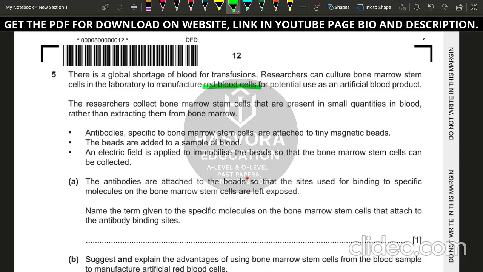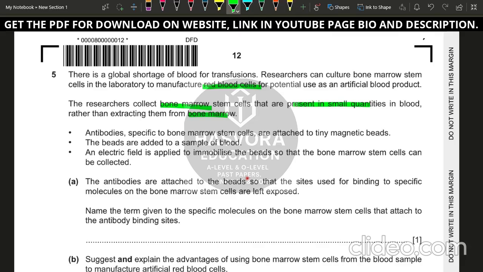The researchers collect bone marrow stem cells that are present in small quantities in blood rather than extracting them from bone marrow. So they are using the stem cells already present in the blood, rather than extracting them from the bone marrow. So it is a less invasive procedure.